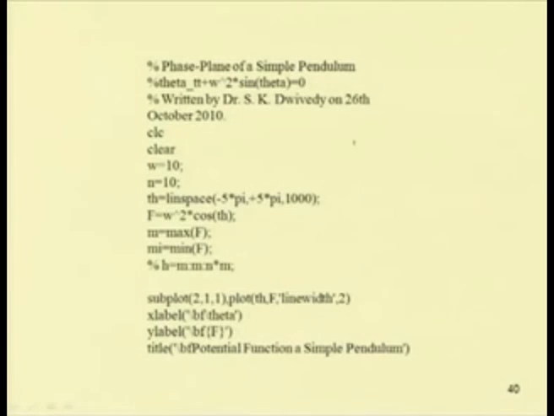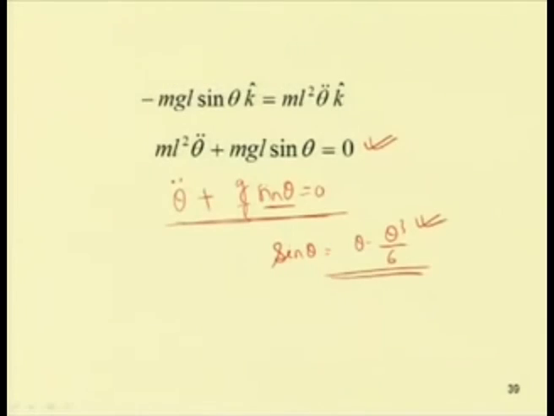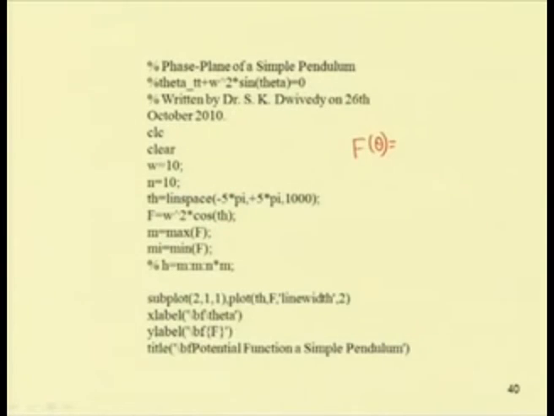The function f theta equals g by L sin theta, so capital F theta will be the integral of g by L sin theta d theta from 0 to theta. One can find this F theta, so this will be g by L minus g by L cos theta.